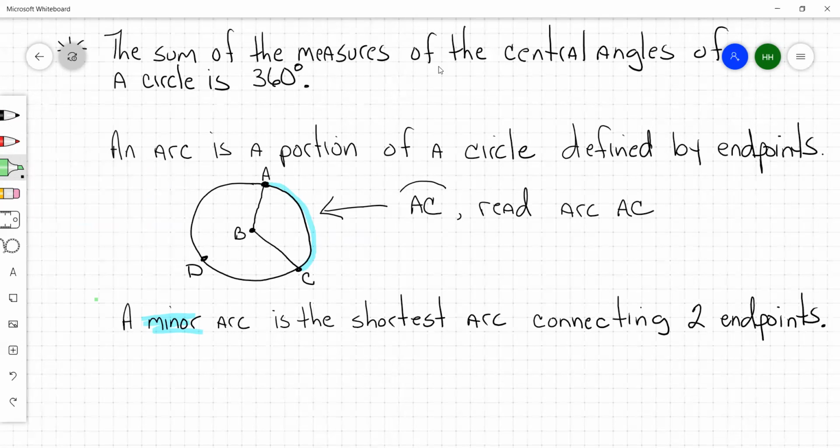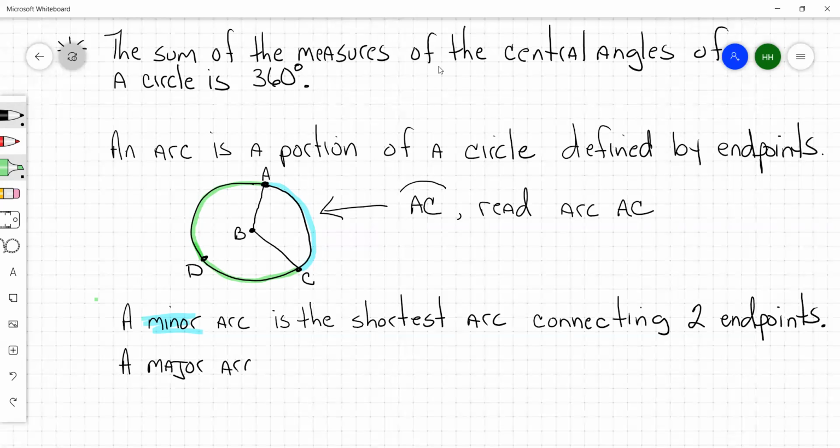Now, if we put our pencil on A and we go to C, but we go the long way, we go around this way, right? All the way around the long way, because we had to stop and get a phone charger because we left our phone charger at home. So we had to go the long way to C, all right, instead of the short way. That's called a major arc.